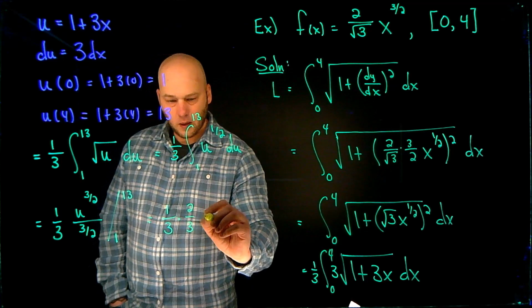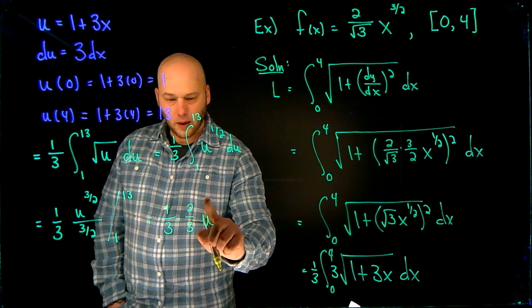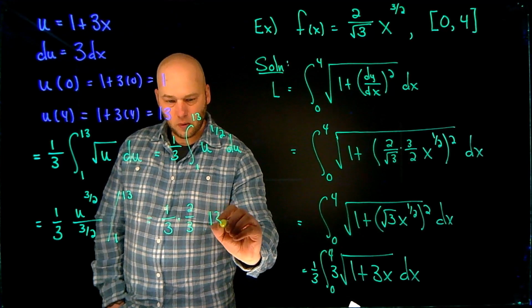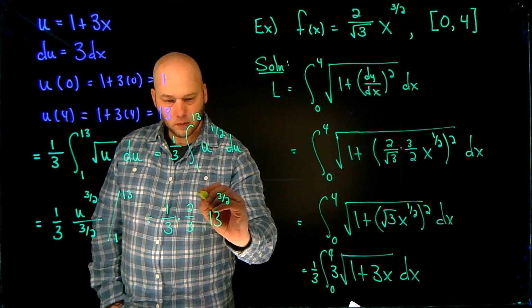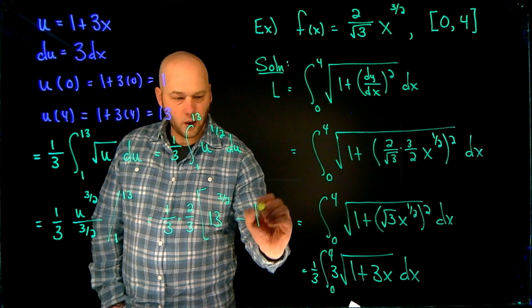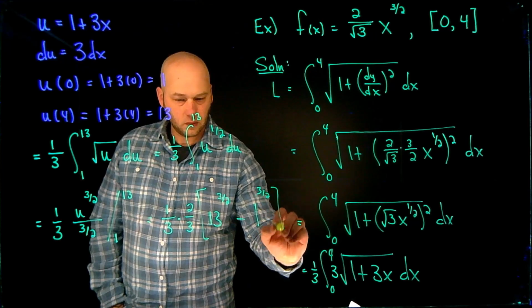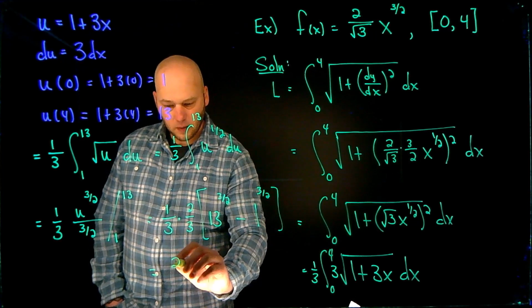Then let me plug in the limits of integration here. It would be 13 to the 3/2 minus 1 to the 3/2, which gives me 2/9.